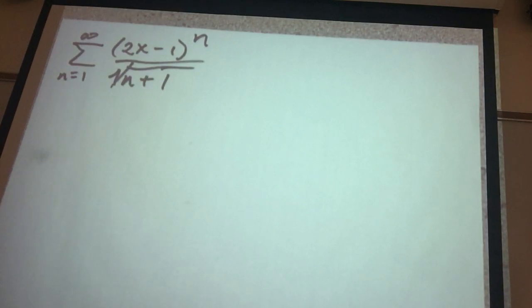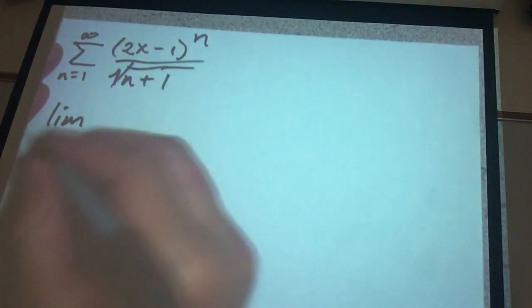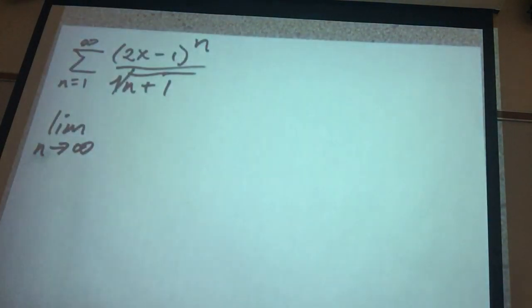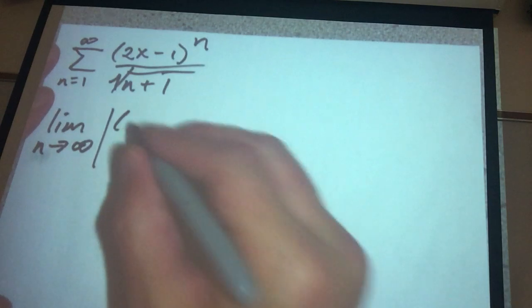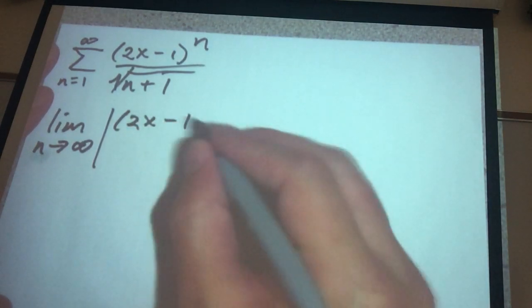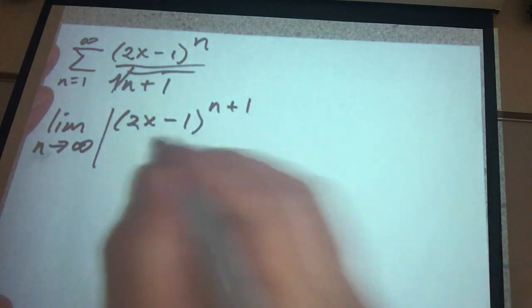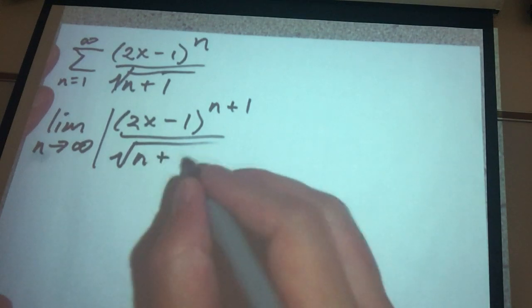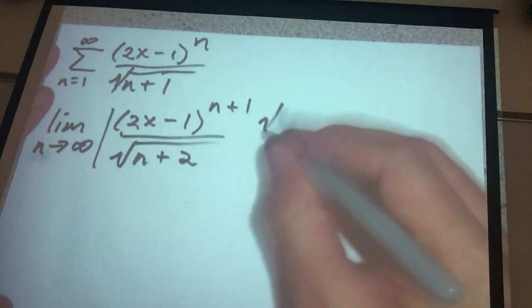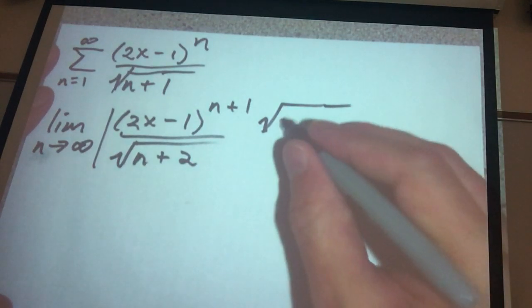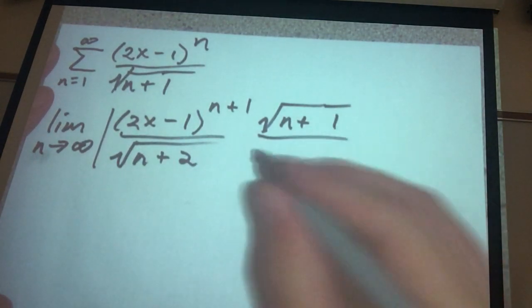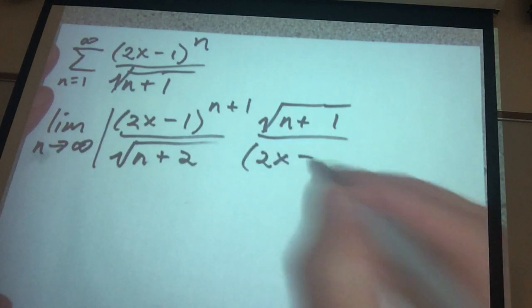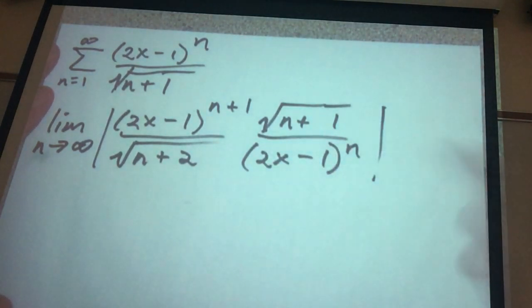So you say the limit as n tends towards infinity of the absolute value of (2x minus 1) to the n plus 1 divided by the square root of n plus 2, times the square root of n plus 1 divided by (2x minus 1) raised to the nth power. Let's close those absolute value signs.